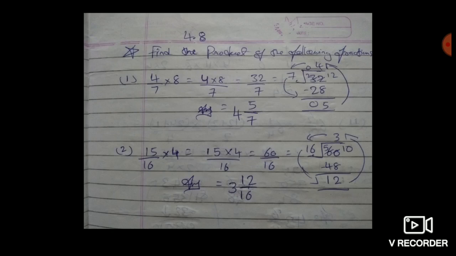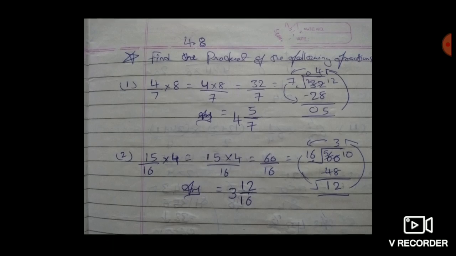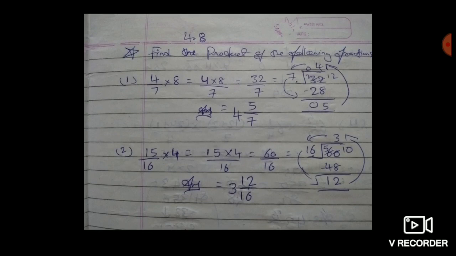Here you can see we divide 32 by 7, 7 4s are 28, subtract 32 minus 28, and we get 5. So here we use the cycling method and convert our improper fraction into a mixed fraction, like 4 integer 5 upon 7.